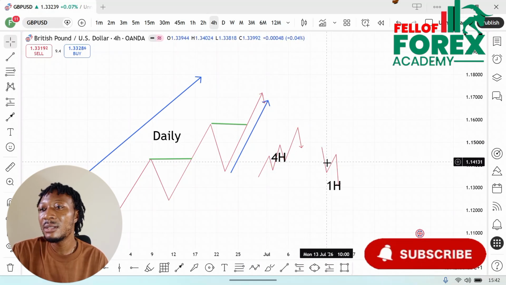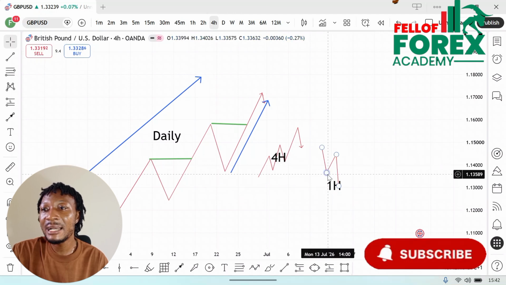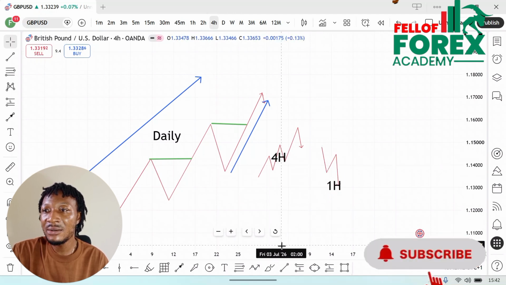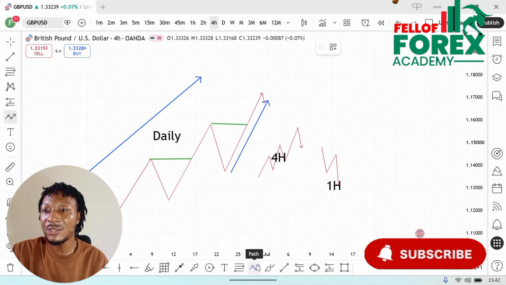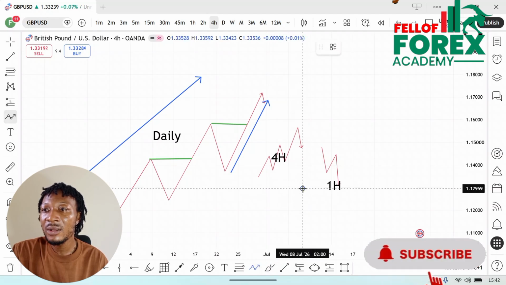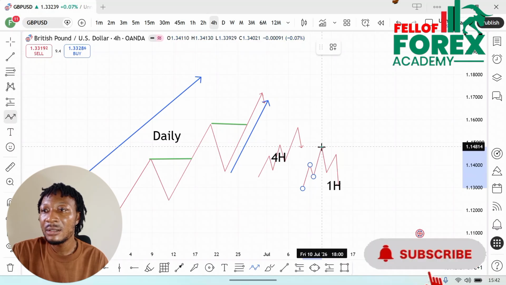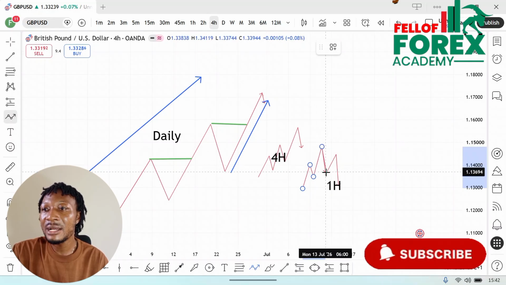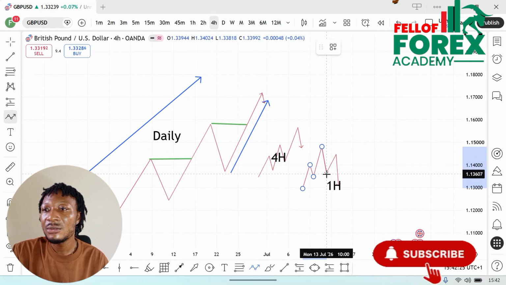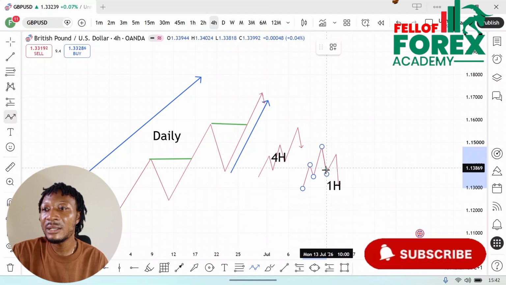Now, let's take, for example, this one is the 1 hour. Now, what do you see on the 1 hour? There has been a change of character to the downside. So, price was creating higher highs and higher lows. And eventually, price failed to create a higher high when it got to this point.